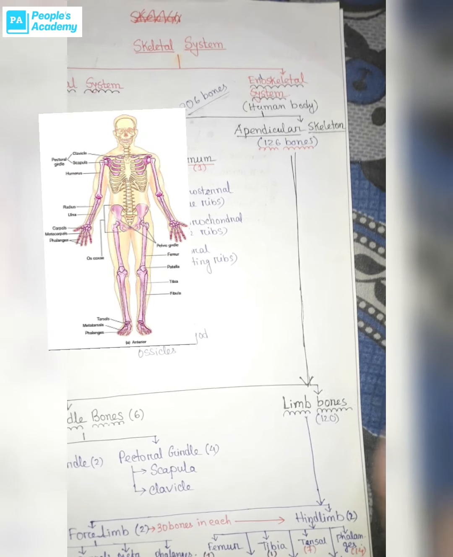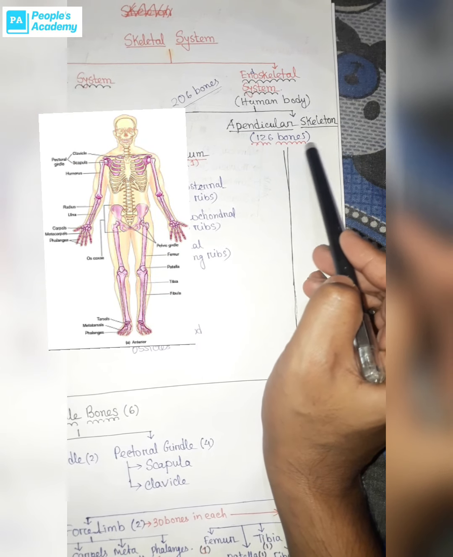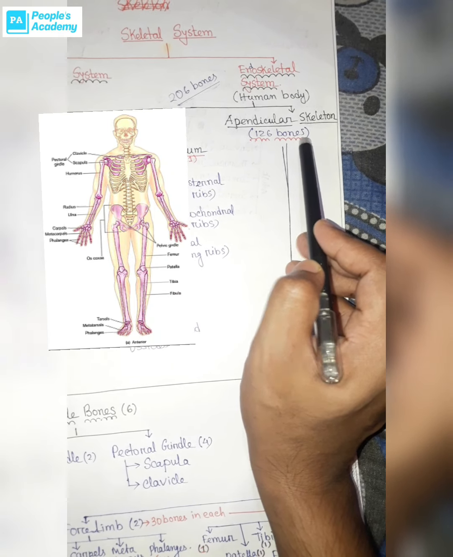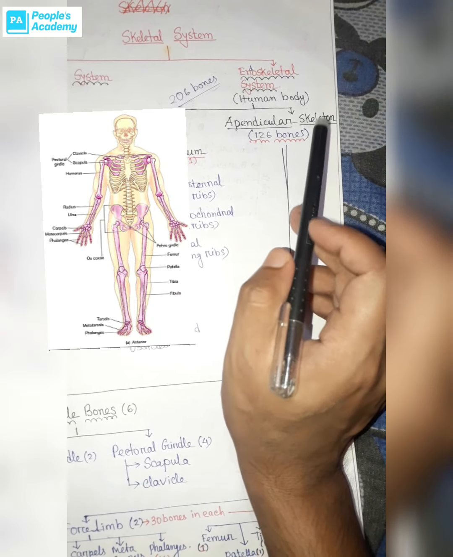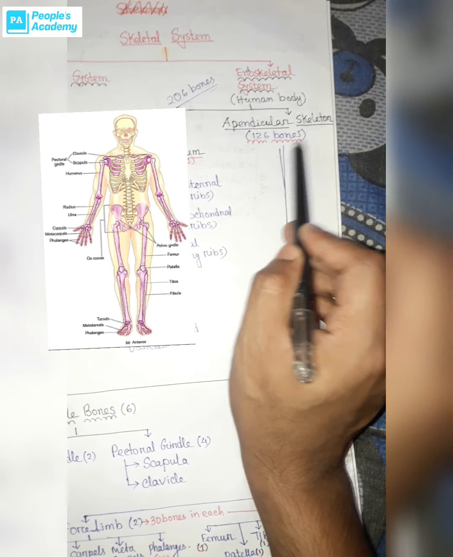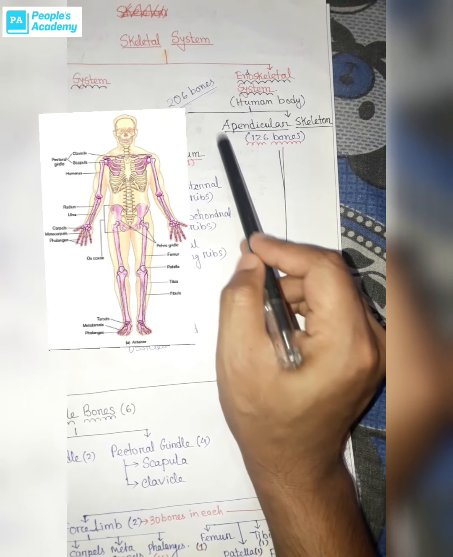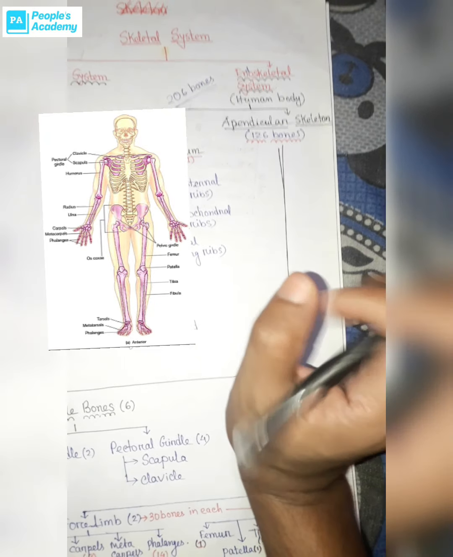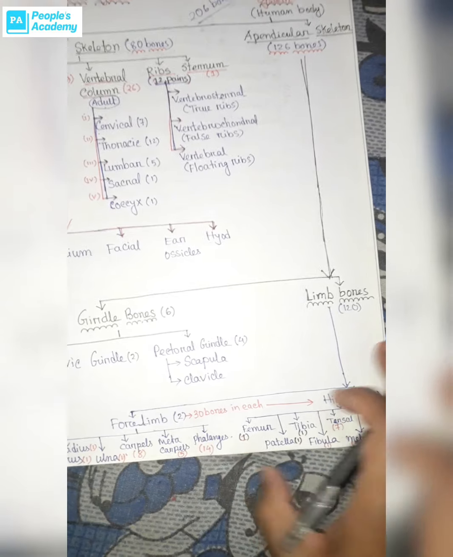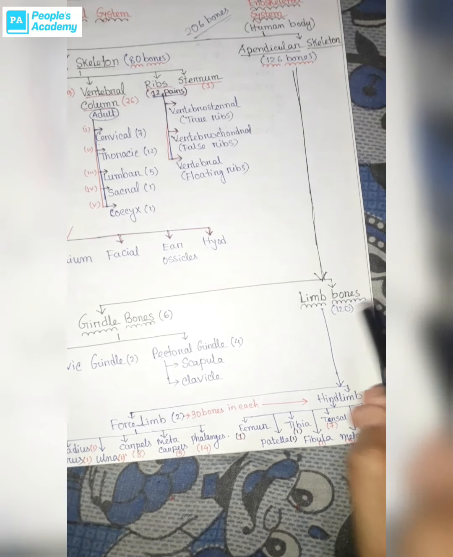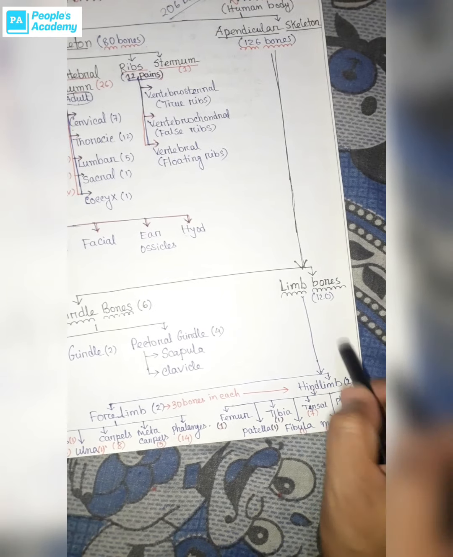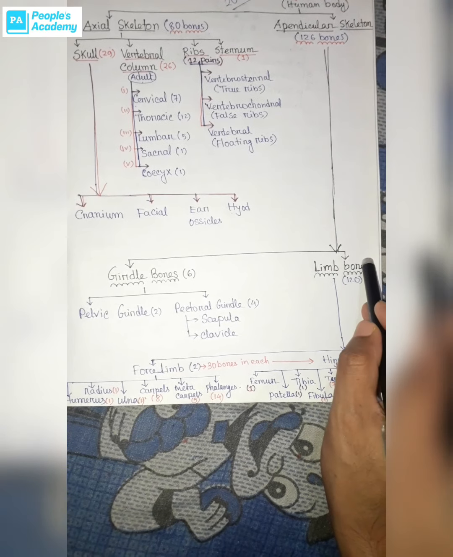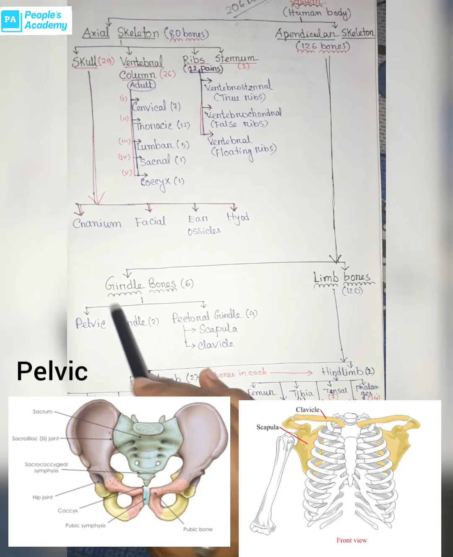Okay, so guys, let's talk about the appendicular skeleton, which consists of 126 bones. In brief, don't worry, we will discuss this topic in detail in another video. The appendicular skeleton consists of limb bones, and girdle bones.